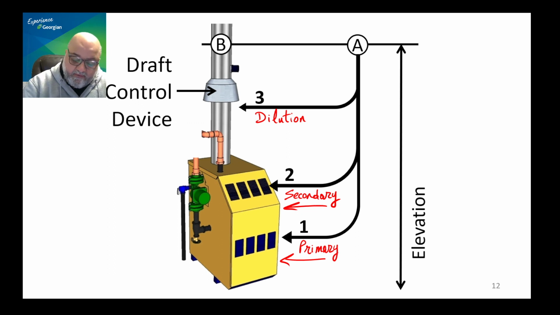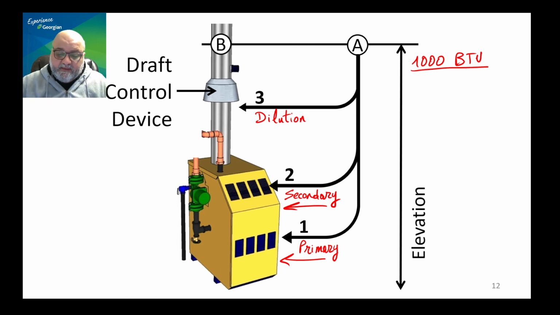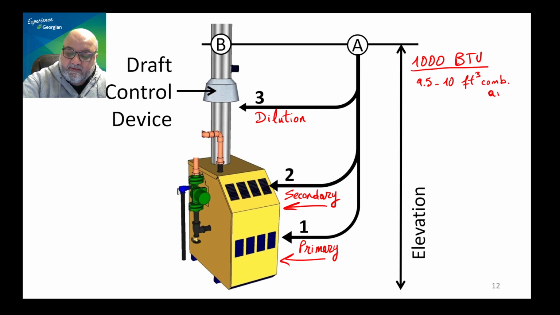air. Why? If you look at the requirement for combustion air for every 1000 BTUs, regardless of the nature of the fuel, whether 1000 BTUs of natural gas, propane, or butane, it doesn't matter, according to the code book you're going to need 9.5 or 10 cubic feet of combustion air.